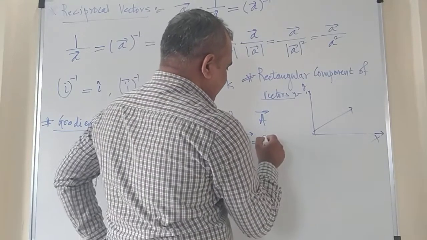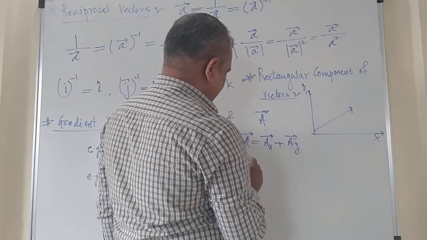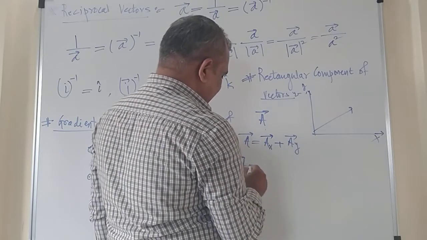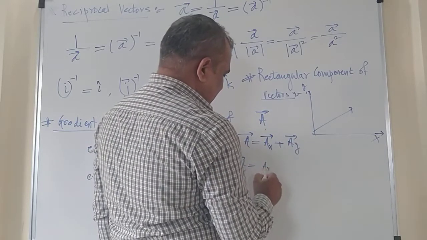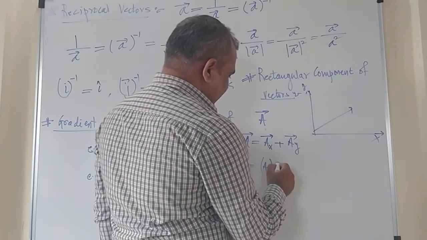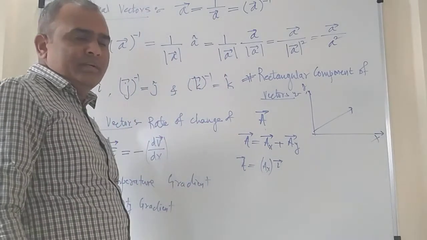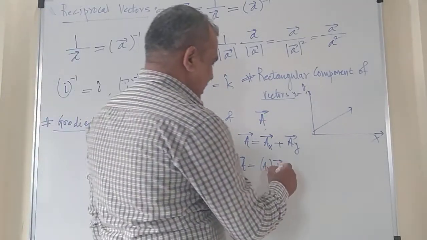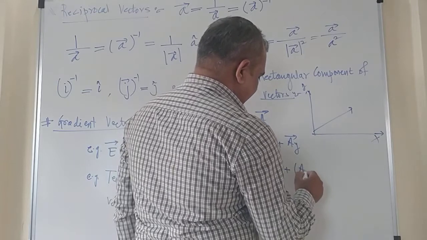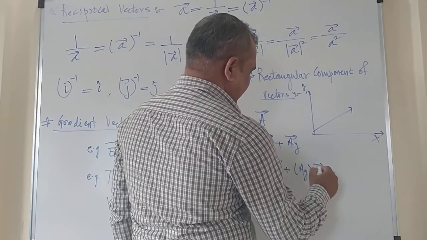So a bar is equal to ax into i bar plus ay into j bar.